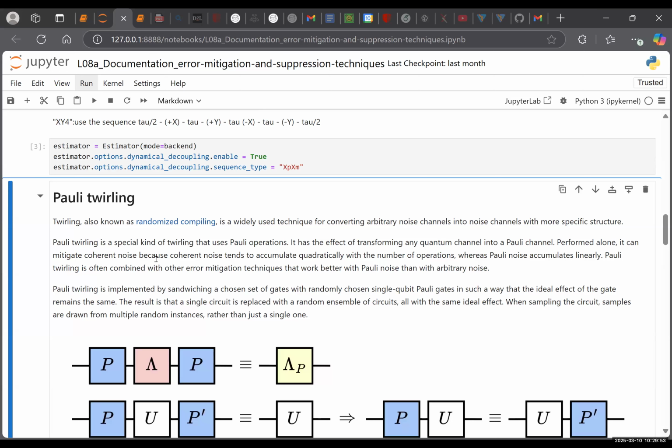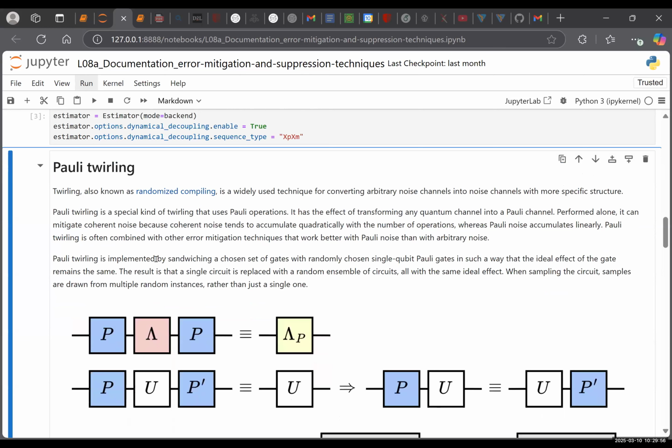But this is more general and applies to the bulk of the gate sequence. This is a technique used to convert an arbitrary noise channel to Pauli channels, which have more specific structure. Pauli twirling is a special kind of twirling that uses Pauli operations to transform any noise channel to a Pauli channel.